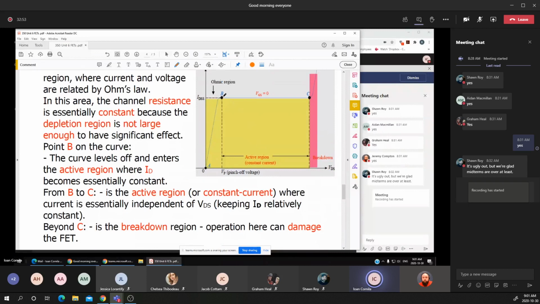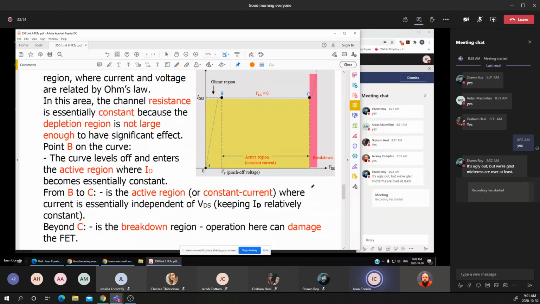This is the active region, and I mentioned that we are not using it intensively. Yes, there are some applications, but we are not using it as intensively as BJTs in linear or analog applications.